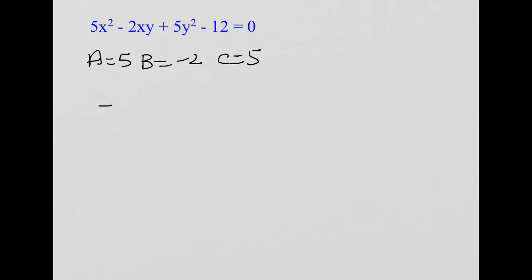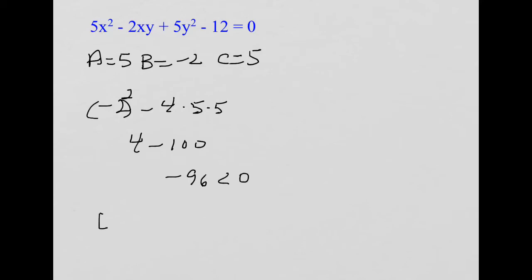So that's negative 2 squared minus 4 times 5 times 5, which is equal to 4 minus 100, which is negative 96, which is less than 0, which means we have an ellipse.